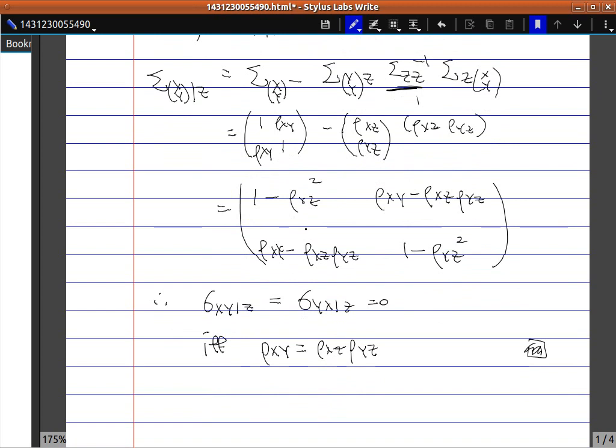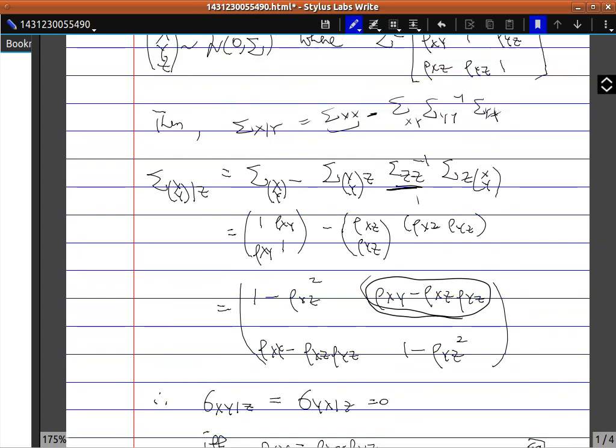Then immediately we get the off diagonal term here, which is the thing we are really interested in. It will be equal to 0 when the condition given by this tiny lemma is satisfied. We started with Gaussian random variables, and for Gaussian random variables, after conditioning, they are still Gaussian.